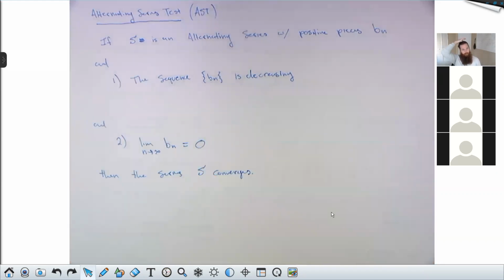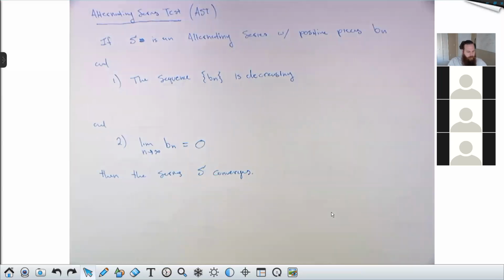That's it. So this is as close to a converse to the test for divergence as you'll ever get. And it's also probably the easiest of our convergence tests to use, but unfortunately it only applies to alternating series.